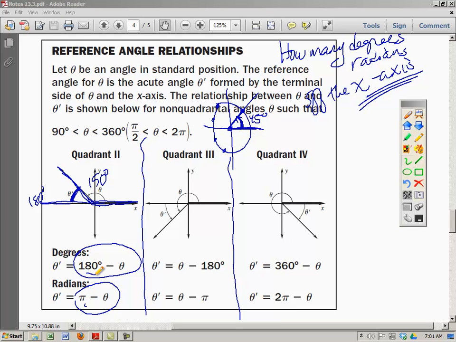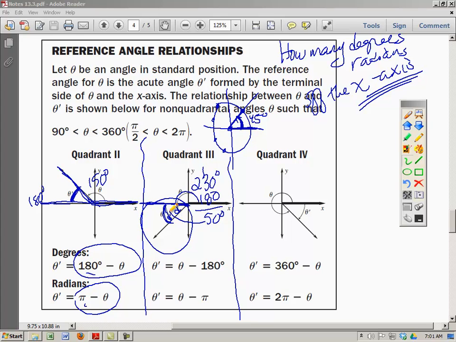If I'm in the third quadrant down here, well, now we say how much further are we past 180? So if I had a 230 degree angle, a 230 degree angle puts us into the third quadrant. Well, if I do 230 minus 180, that tells me that I am 50 degrees past 180 degrees.